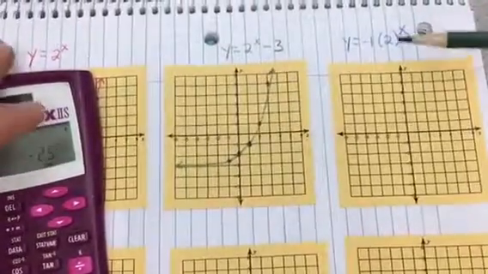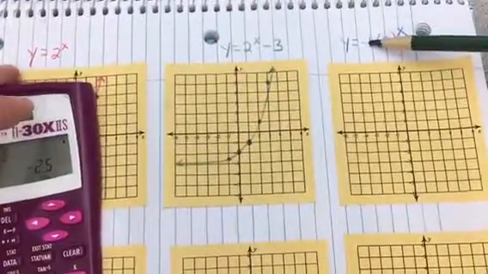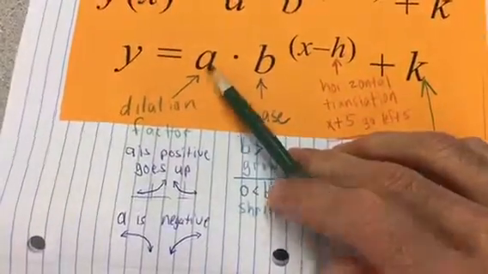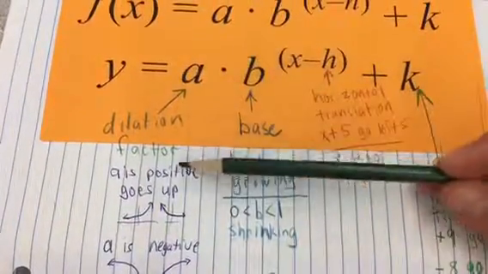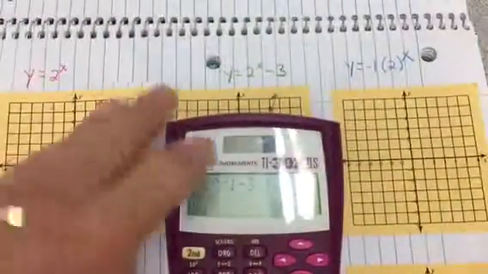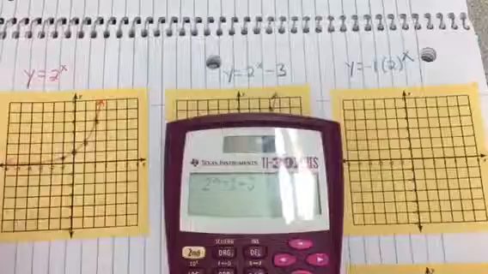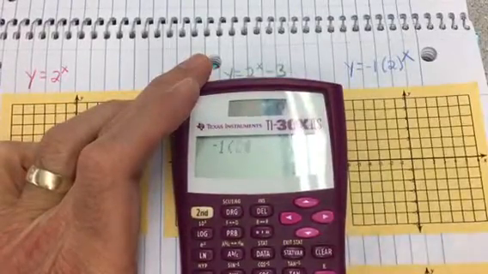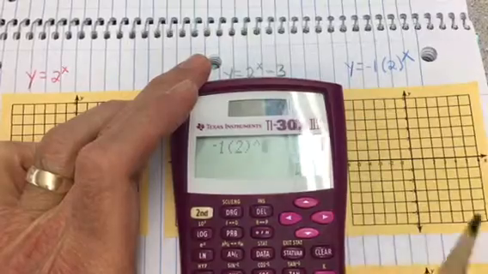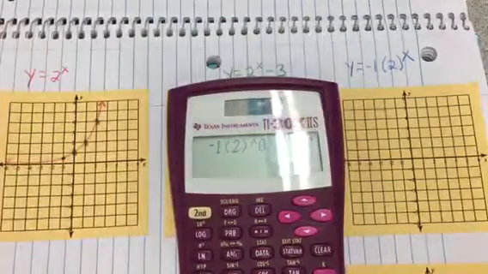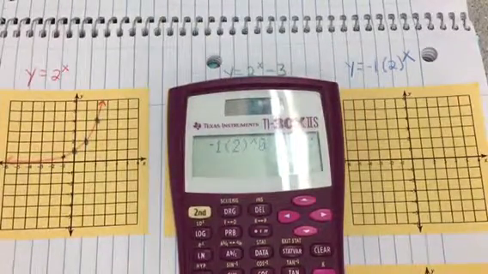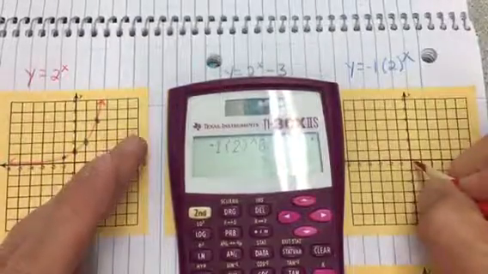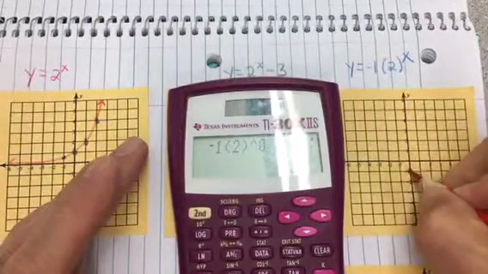Okay, let's try this one. Negative 1. So now what I'm doing is a dilation. I'm putting a negative 1 here. So if it's negative, it should go down. Let's try it. Negative 1 times 2 to the power of 0 is negative 1, so 0, negative 1.